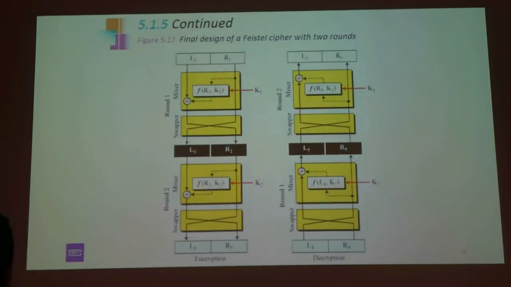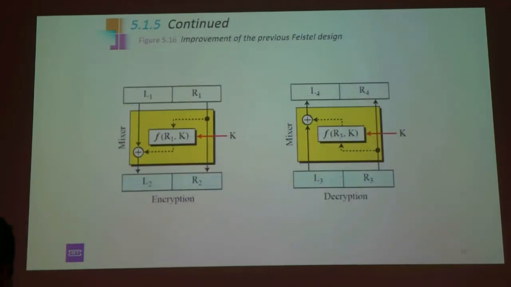Your question is why R1 is not mixed. Actually, that's not quite the case, because this is one round. When you look at it as one round, what you said is correct. But what happens when it goes to the next round is that there is a switch.